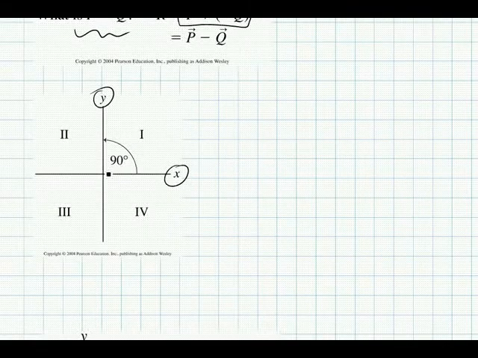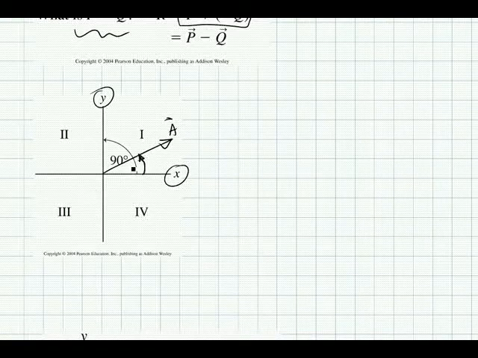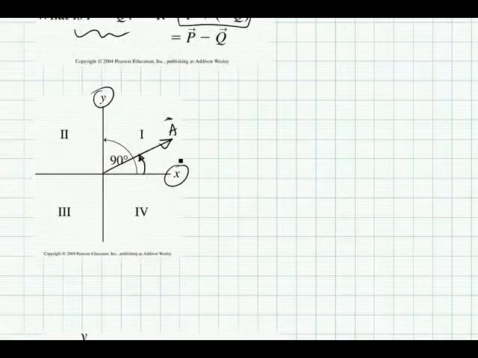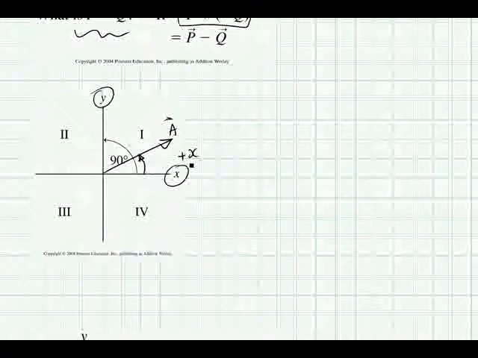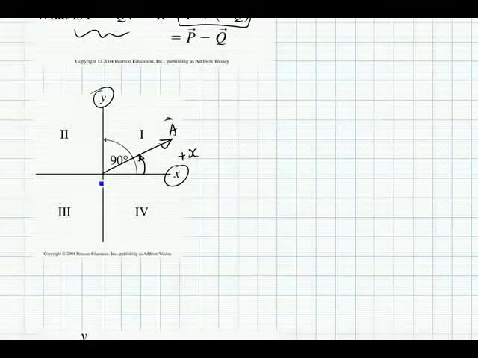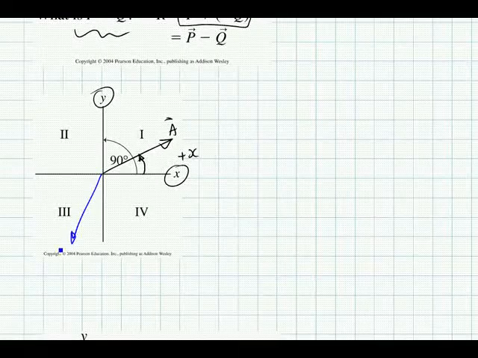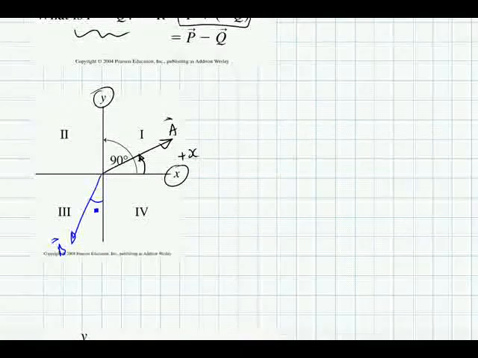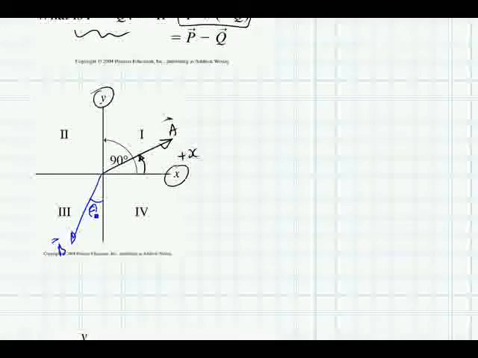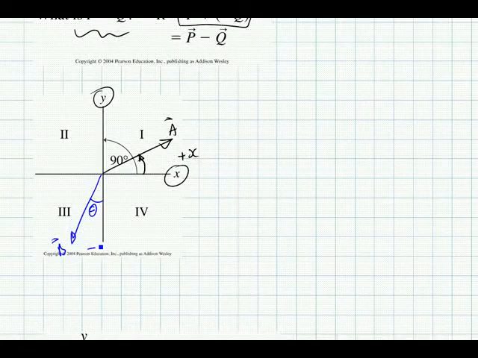It is customary to mention vectors with respect to, if this is vector a, with respect to a positive x-axis. However, it is completely up to you. If you have a vector b, for example, you may choose to define the direction of vector b with respect to, in this case, the negative y-axis.